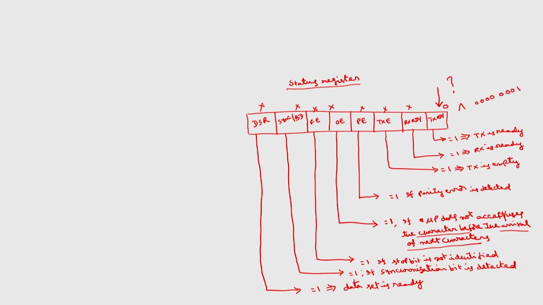So, what will be the result? If this bit is 0, the result is 0 0, if this bit is 1, the result is 0 1. After the AND operation, the result can be either 0 0 or 0 1. If it is 0 0, the transmitter is not ready, we have to wait. If it is 0 1, the transmitter is ready, and we can transfer the data.